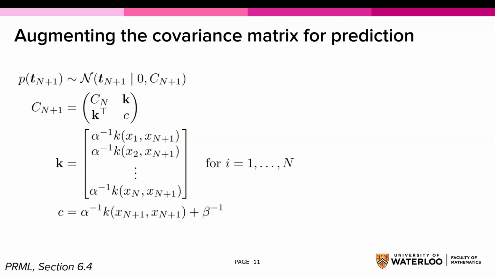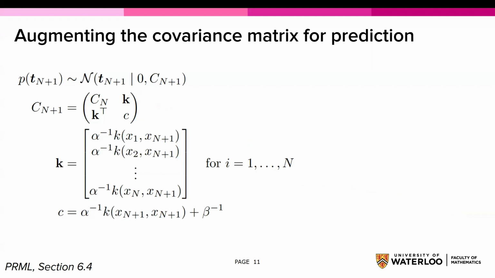We're not going to get into the weeds here, but it turns out that this is done by augmenting the existing covariance matrix to include this new data point. The idea is that if the Gaussian distribution holds for n training points, it should also hold for n+1 points, where we can sneak in that new test point.